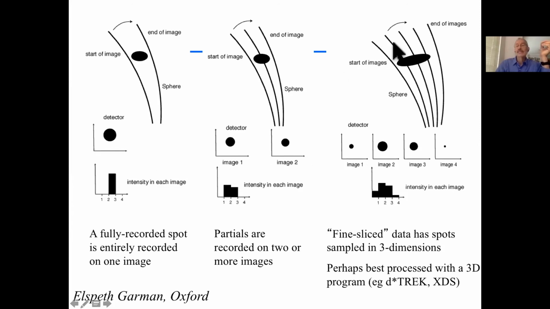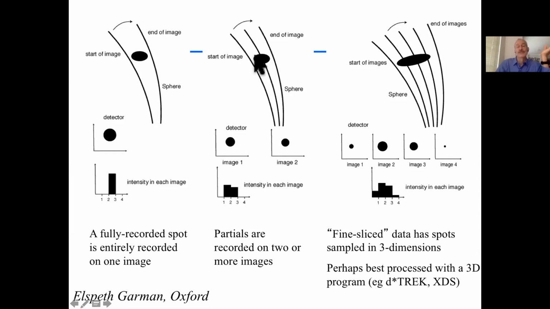But before we get to that, this is just showing with a slide from Elspeth Garman at Oxford that in the old days, if you started an image and rotated a degree, you could have a Bragg spot completely fit within one image on the detector, or one frame on the detector. Of course, some spots not shown here could be split to varying degrees across the boundaries between images. Like this one is split across the boundaries.